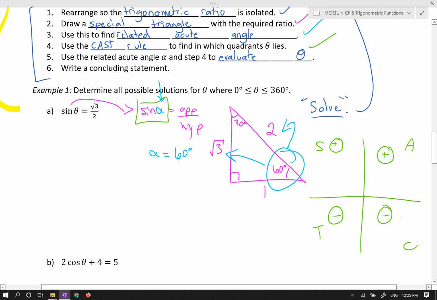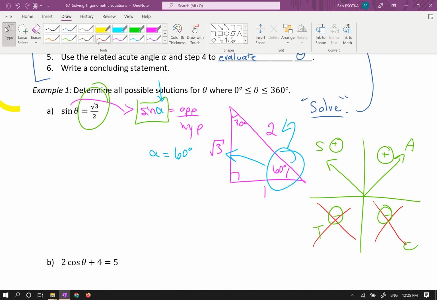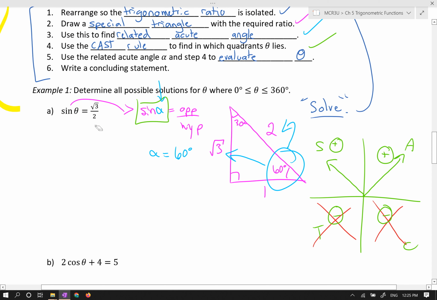So that means the ratio that I'm working with right here is positive. And if it's positive, that means that I must be working in either quadrant 1 or quadrant 2. Under no circumstances in this problem am I working in quadrant 3 or quadrant 4. Good, so I've used my CAST rule.